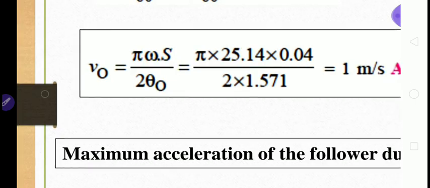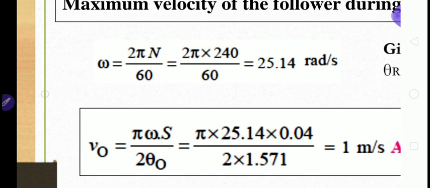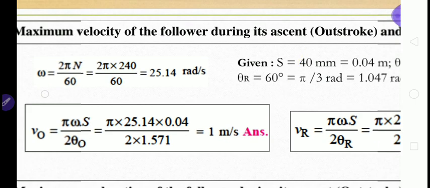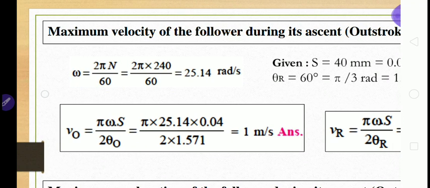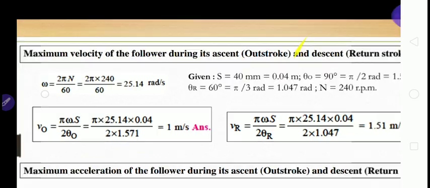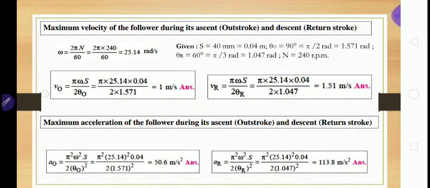Here omega is equal to, you can find out by formula 2 pi n by 60, because n is given 240 rpm in the problem. S is the stroke. Stroke is also given in the problem, equal to 40 mm, is equal to 0.04 meter. And in the denominator, it is given that 2 theta o. So here theta o you have to take as a outstroke angle, and it is given as 90 degree.